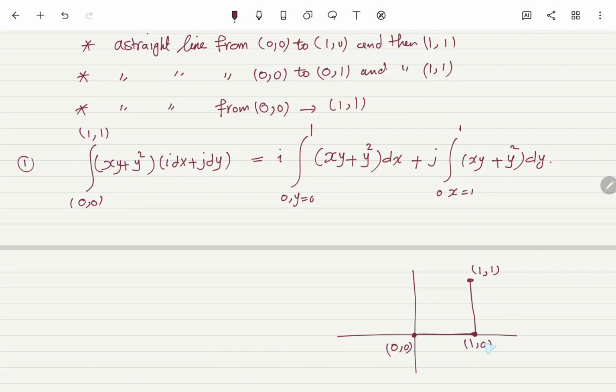The lower limit of the integral is y equals 0 and x equal to 1, to 1 1 along the y-axis.